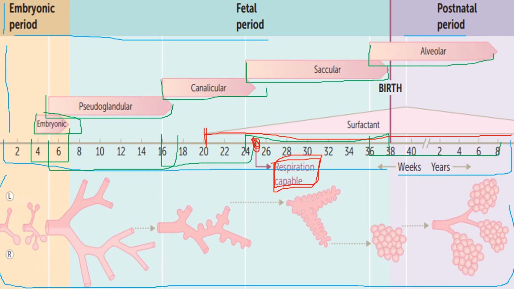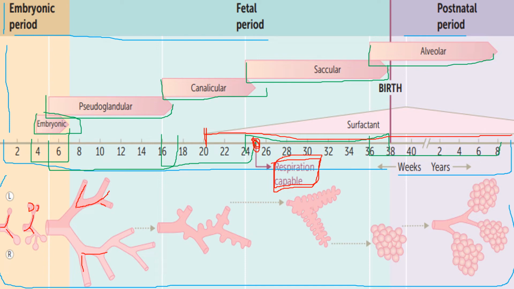Here you can see in embryonic period, trachea is developed and it divided into left and right bronchi, as you can see here. After that, bronchial buds are developing. From bronchial buds, the bronchi, secondary and tertiary bronchi are developing, as you can see here.